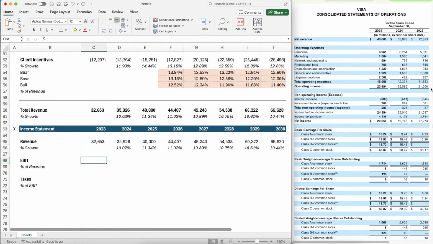What we want is operating income. 21,000, 23,595, 23,994. What is this as a percentage of the total revenue? Wow, it's nearly a 65% operating margin. That's huge. I mean, 2025 has been a lot lower, which isn't great.